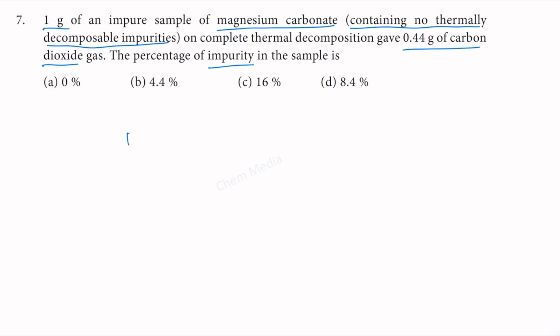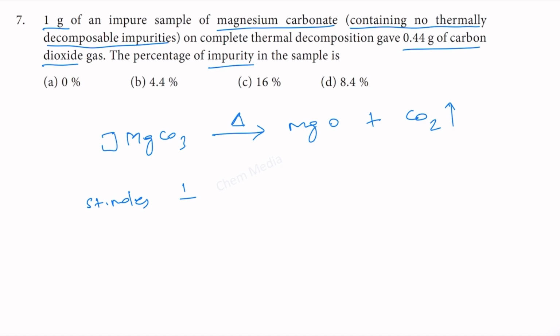So, magnesium carbonate upon heating will give magnesium oxide and CO2. The reaction is already balanced. In that case, how do we write the stoichiometric moles? Stoichiometric moles is 1 by whatever is the coefficient we have here, that we bring it down.